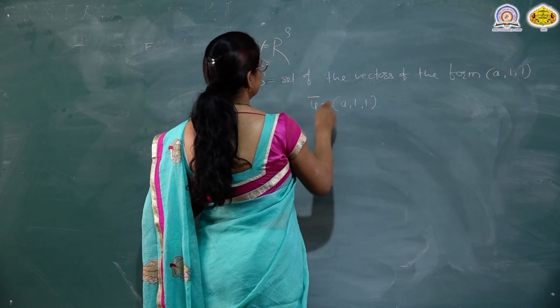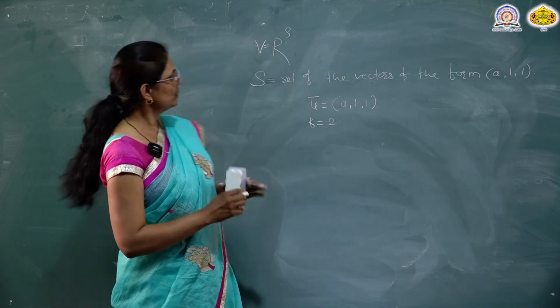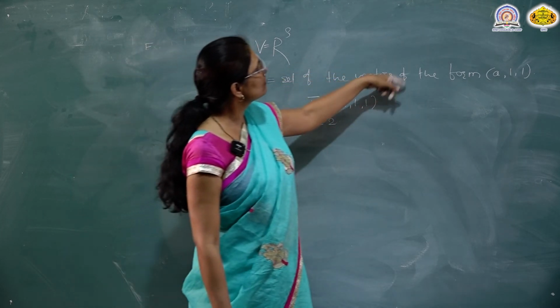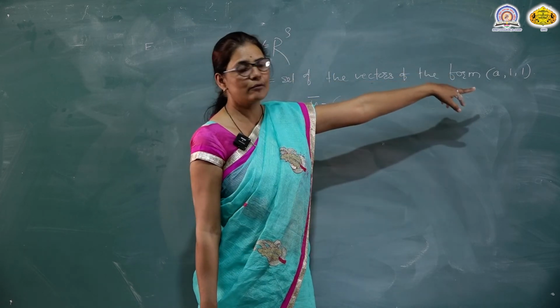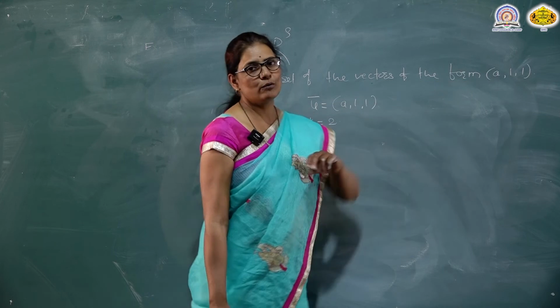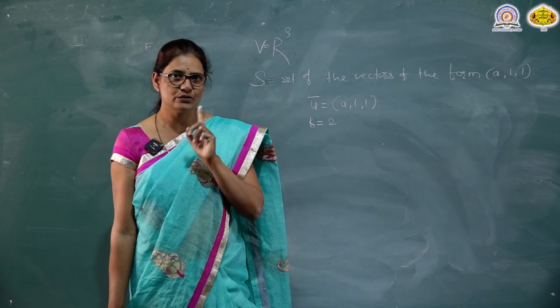This is u bar. And take k equal to 2 here. Remember, it is the set of all vectors of R3 of the form a, 1, 1. That is, the last two coordinates y and z are constant here, which is 1, 1.